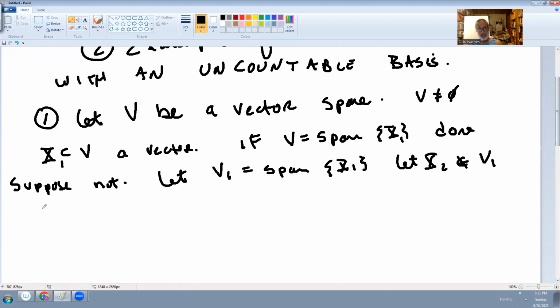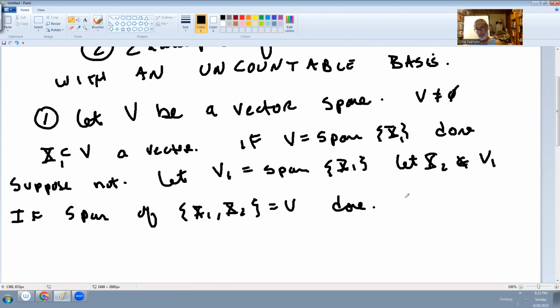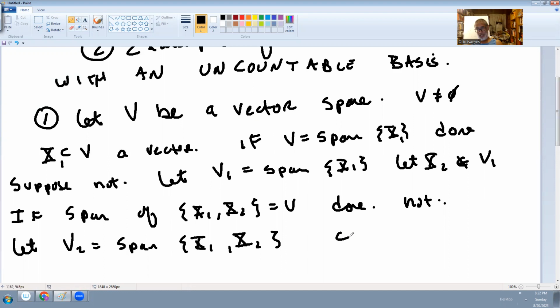So then you do the same question. If the span of X1, X2 equals V, we're done. If not, let V2 equal the span of these two vectors, X1, X2. And continue.